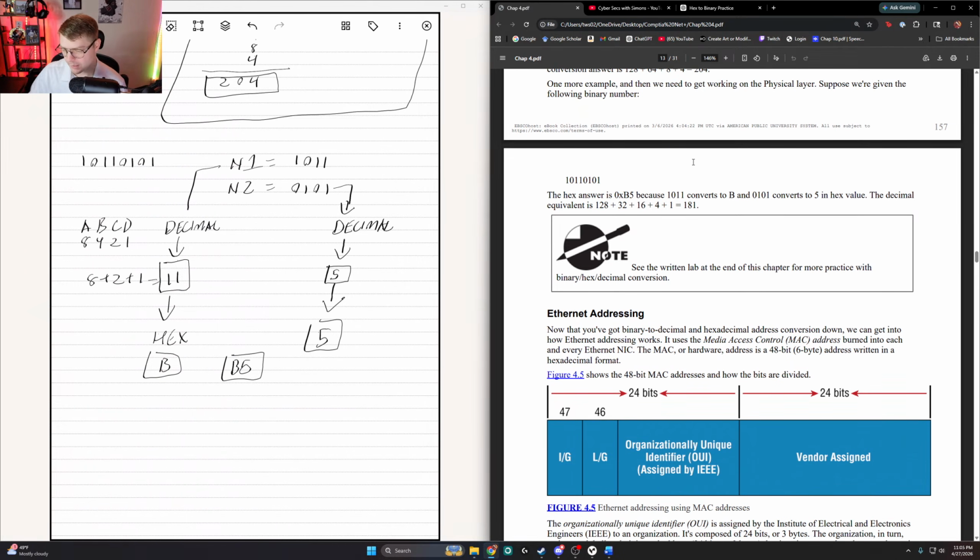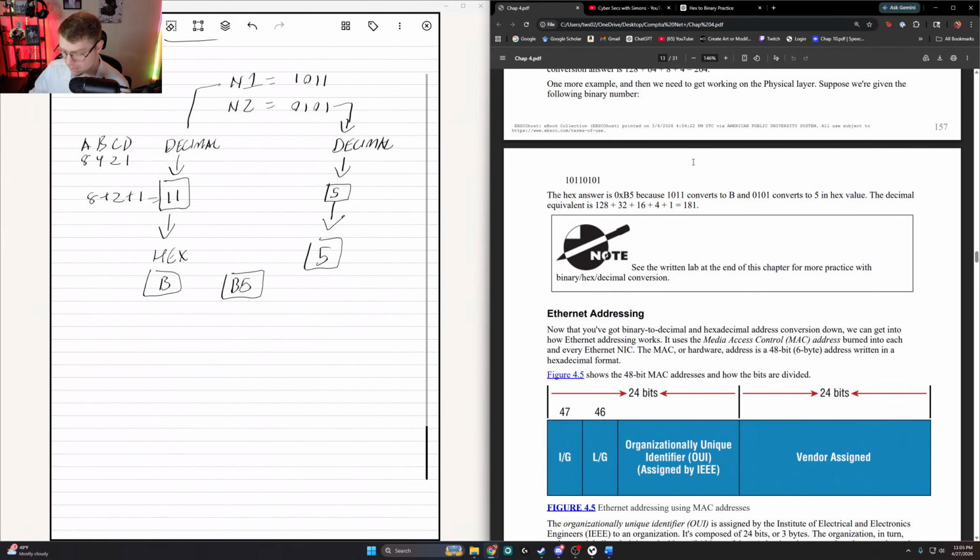All right. And then if we're going to work on converting the byte itself into a value, the whole thing is 1, 0, 1, 1, 0, 1, 0, 1. We have 128, 64, 32, 16, 8, 4, 2, and 1. So we have 128 plus 32 plus 16 plus 4 plus 1. Let's try to do some quick math. 21. 32 plus 21 is 53.